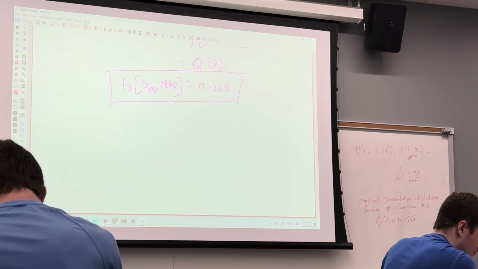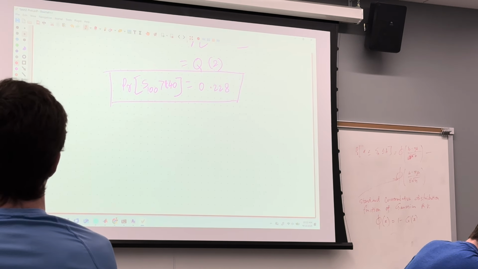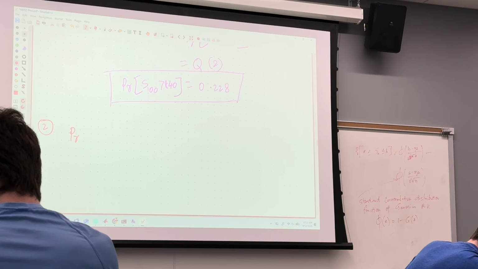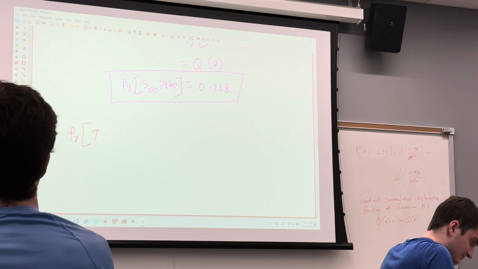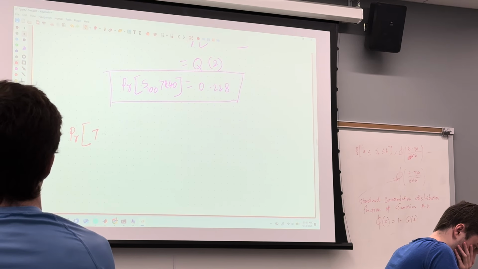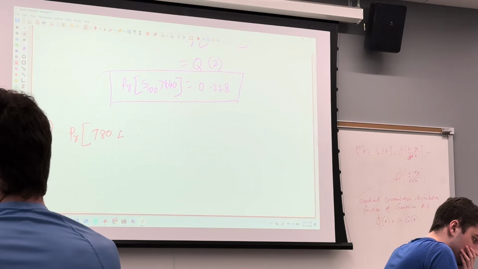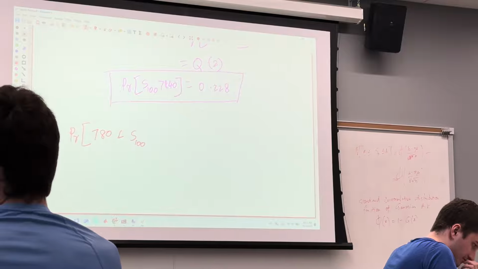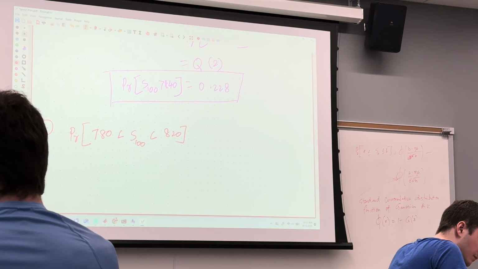So, the second part of the example is we want to find the probability that the total of all orders from 100 customers is between $780 and $820.